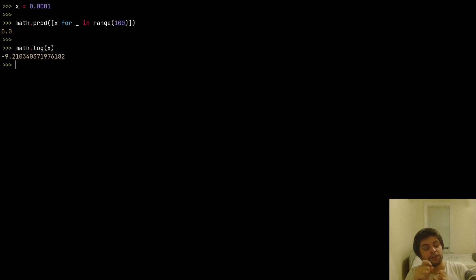Well, if the input is between 0 and 1, it maps that input to a negative number pretty much. But in general, what the log function does is that it maps input onto what's known as the log space or the log scale. And the properties of the space are so cool that I think that alone, the fact that the log function maps input onto the log scale, qualifies the log function to be one of the most awesome functions in all of computing.